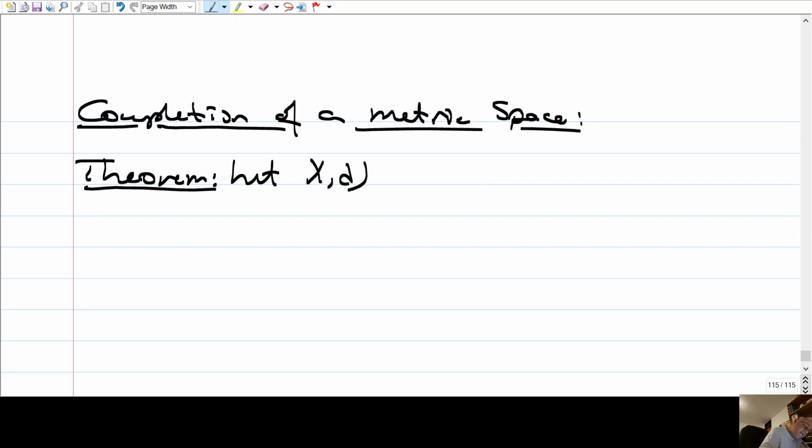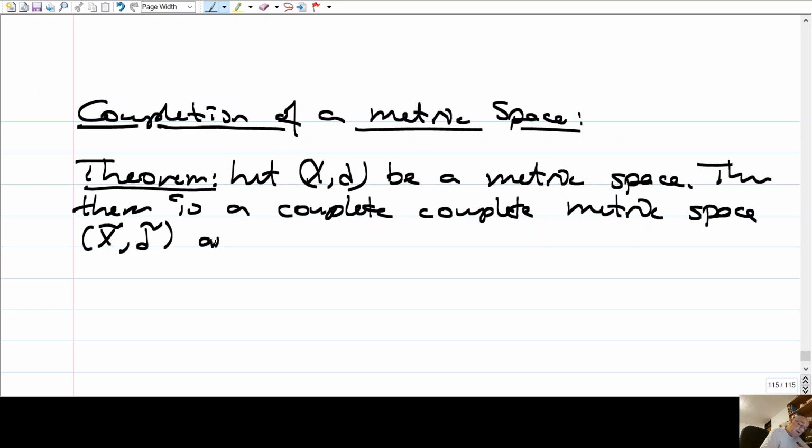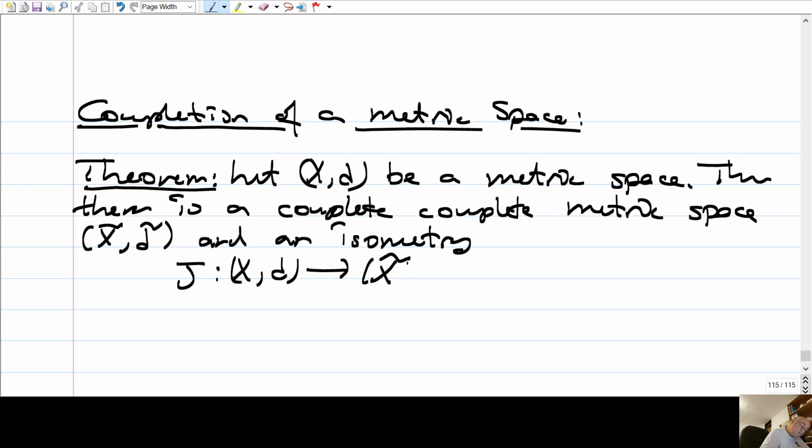Let (X, d) be a metric space. Then there is a complete metric space (X tilde, d tilde) and an isometry J from (X, d) into (X tilde, d tilde), so that this is an isometry.